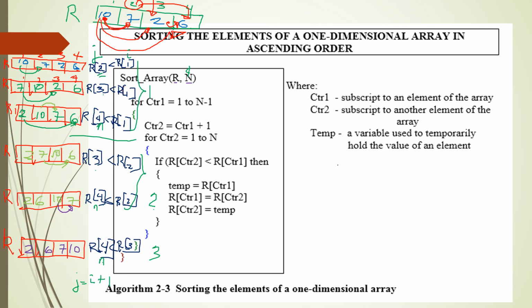Tama? So, if my I is 1, 1 plus 1, naging 2. Doon siya nag-start. If my I is 2, 2 plus 1, magiging 3. So, doon siya nag-start with 3. If my I is 3 plus 1, magiging 4. Doon nag-start yung J. So, how is this? Sige na, gawin na nga lang natin ng bago. So, we have sort.